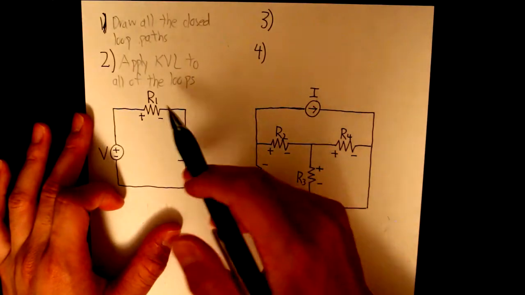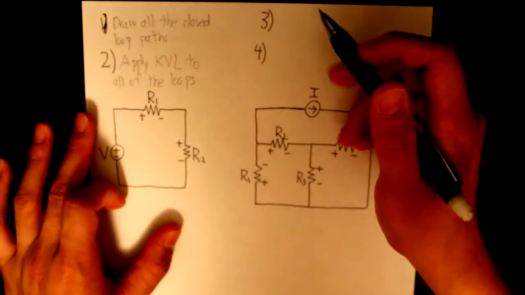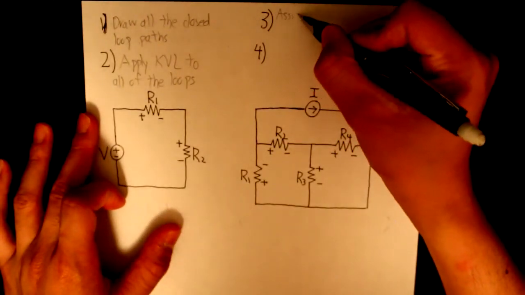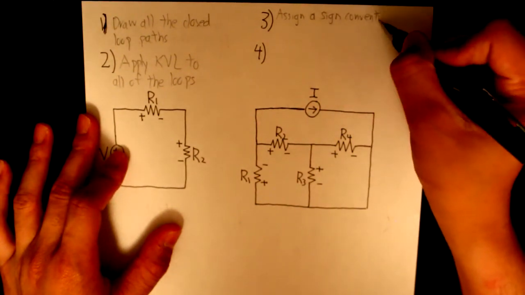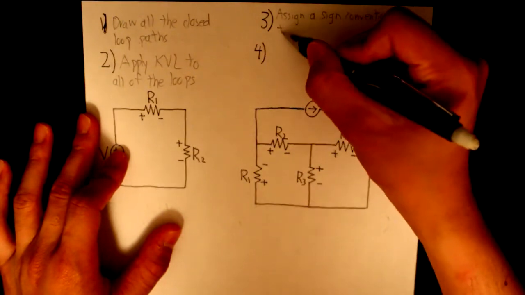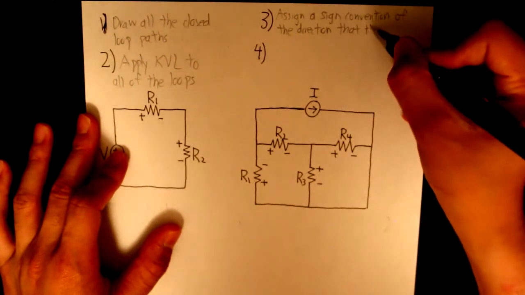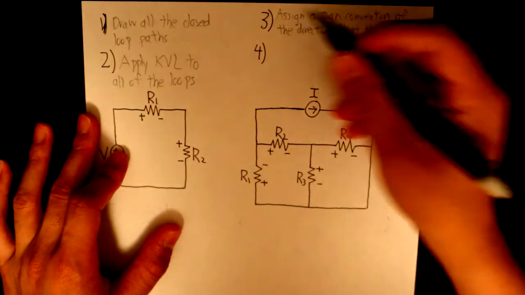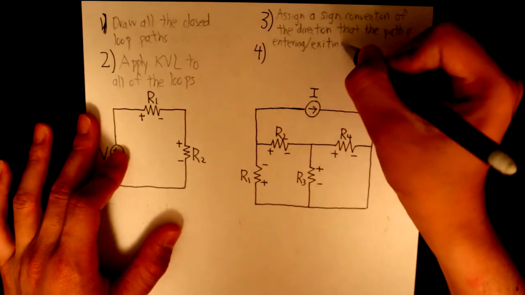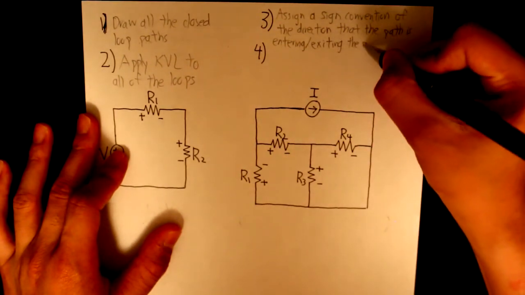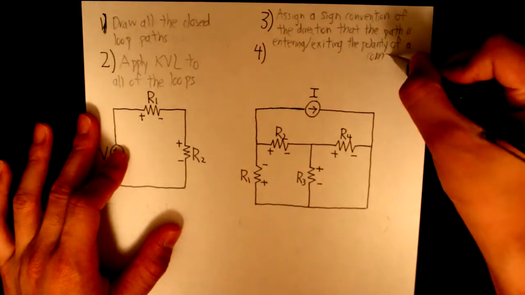And then after that, when we get our terms for our KVL equation, then we have to consider and assign a sign convention of the direction that the path is entering and exiting the polarity of a component.